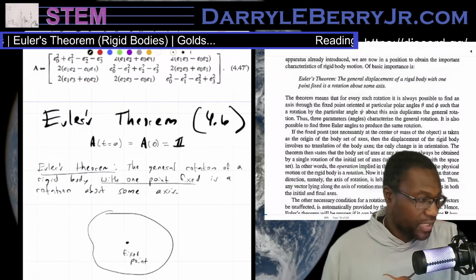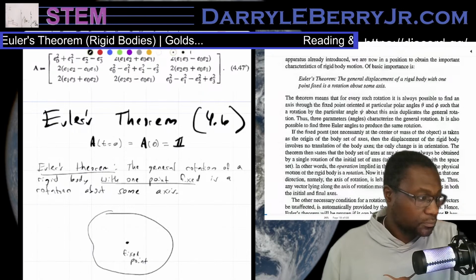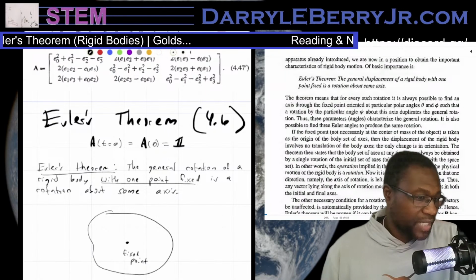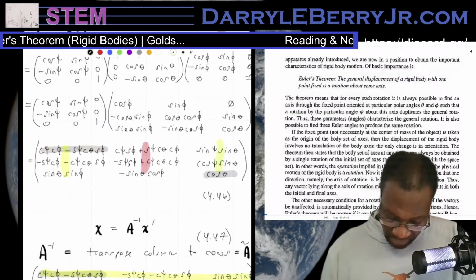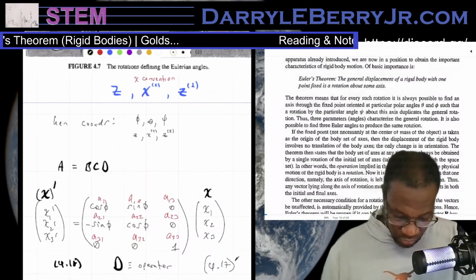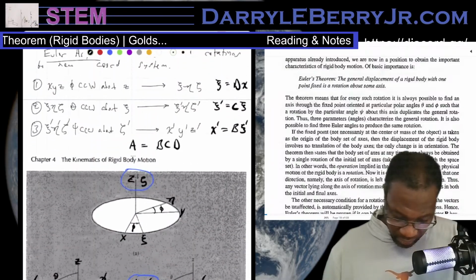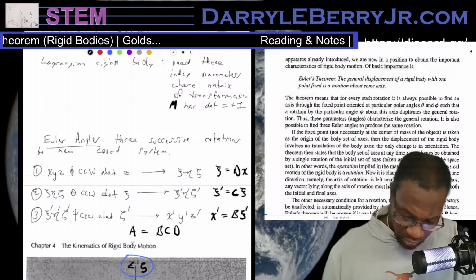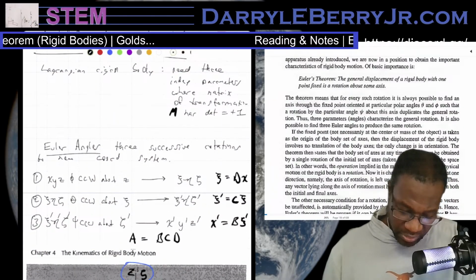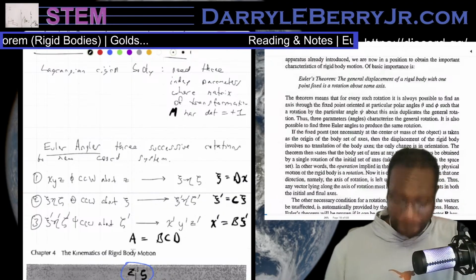It is also possible to find three Euler angles to produce the same rotation, if the fixed point is not necessarily at the center of mass of the object. An Euler angle, going back to before, is these three angles here. Euler angles are three successive rotations to a new coordinate system.